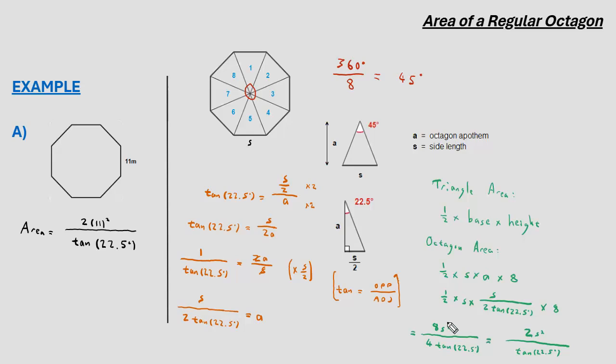So this is why we can do this sum. As long as we know the side length, that is all we need to proceed to work out the area of a regular octagon.